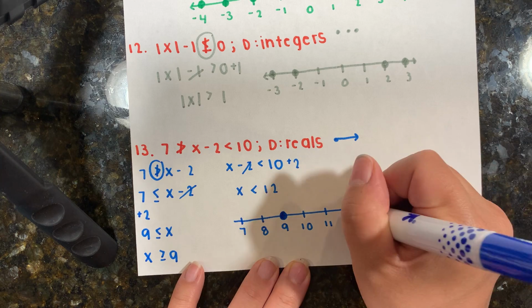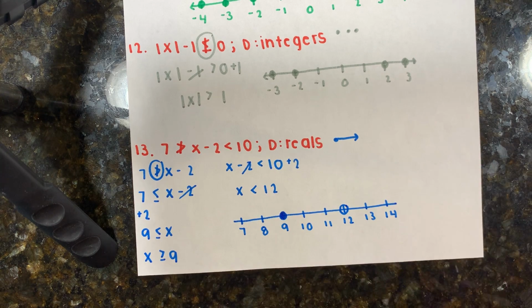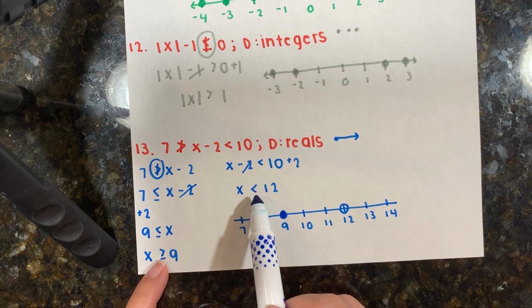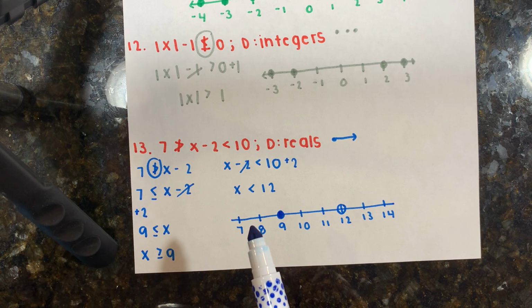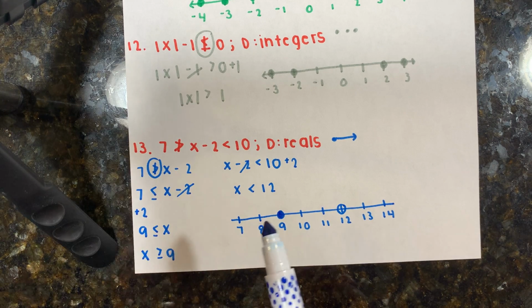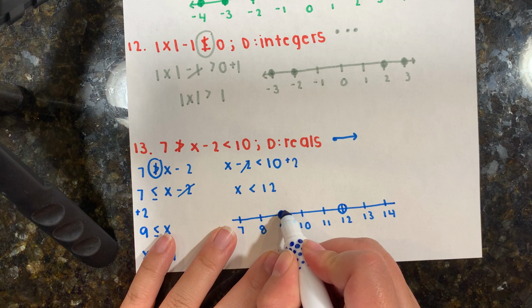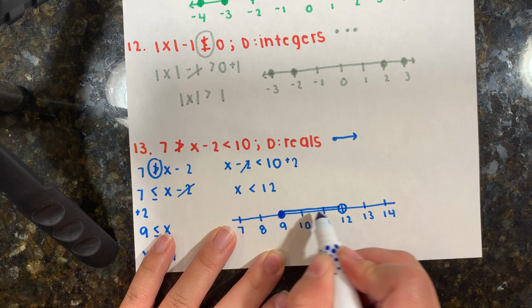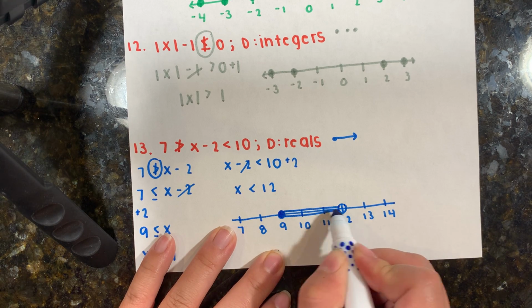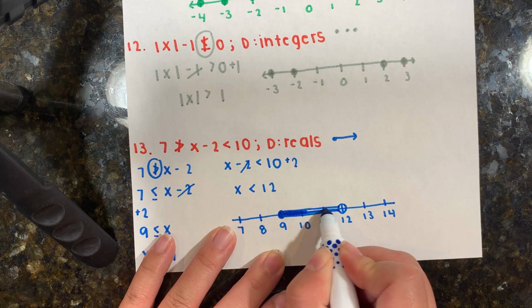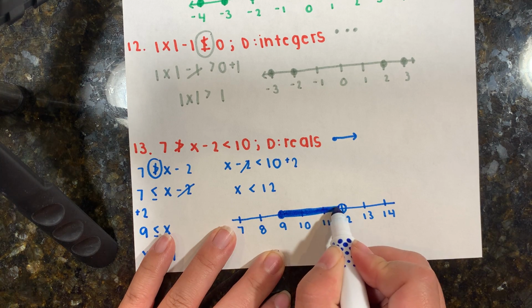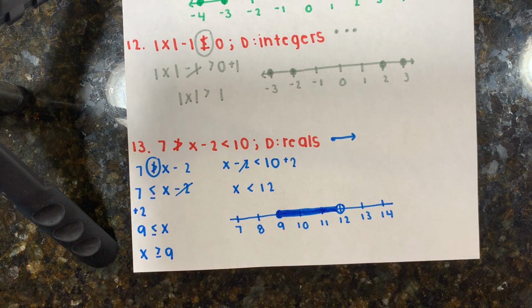And then on 12, I'm going to have an open circle. It says it's going to be less than 12 but greater than or equal to 9. So that means that I'm going to connect those two points together and fill that in. So it's going to be any point from 9 up to, but strictly less than, 12.